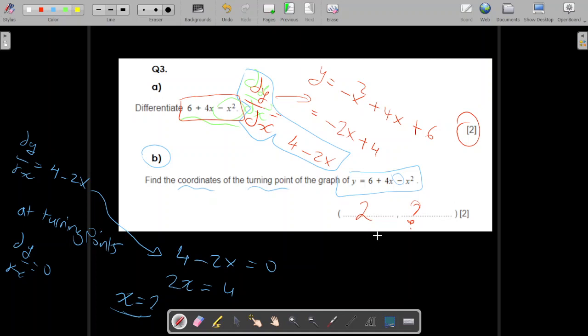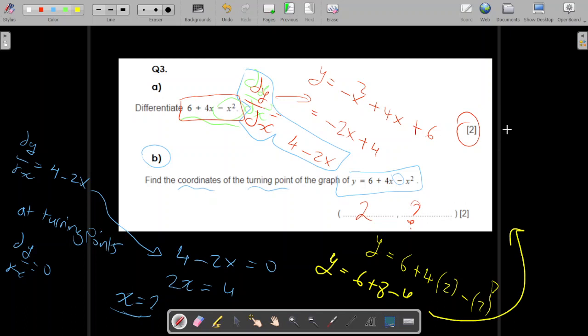So y is equal to 6 plus 4x, and instead of x, you know that x equals 2 at that point, minus 2 squared. So y should be equal to what? Equal to 6 plus 8 minus 4. And from that, y should be equal to 14 minus 4, which means that it's equal to 10.